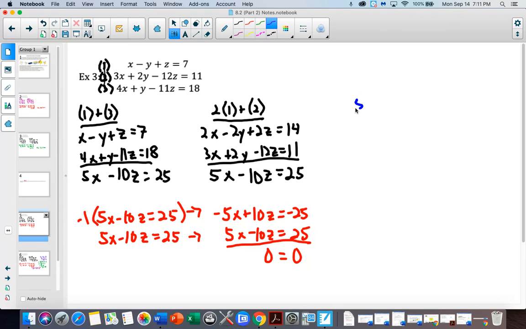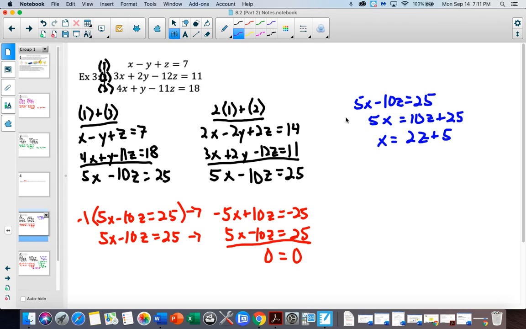So I'm going to rewrite that equation up here. 5x minus 10z equals 25. Add the 10z over. We get 5x equals 10z plus 25. Divide everything by 5, and we'll get x equals 2z plus 5.